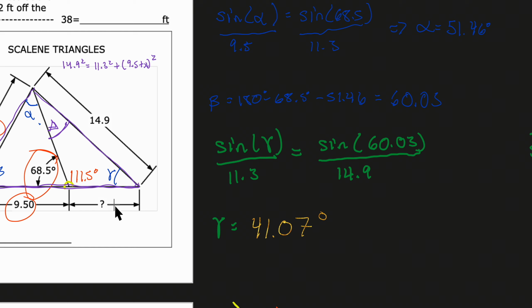Then comes the next part of law of cosines, minus 2 times the two sides, 11.3 times 9.5 plus x, times cosine of beta, which we just found, which was 60.05.